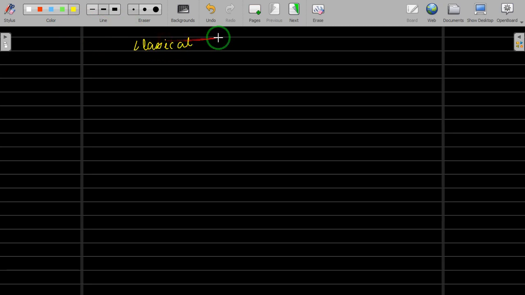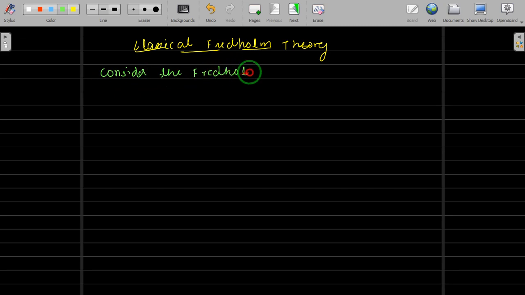Classical Fredholm theory. Now what I'm going to discuss here is something like this. We consider this integral equation. Consider the Fredholm integral equation.